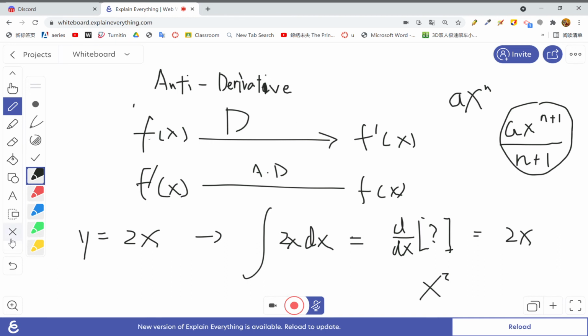We have talked about most things about what the derivative is and what the antiderivative is. Now, let's draw the conclusion.